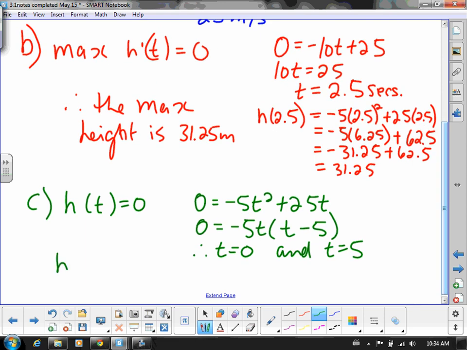Then we need to find h prime of 5 because we want to know the impact velocity. So we'll have negative 10 multiplied by 5 plus 25, which equals negative 25 meters per second.